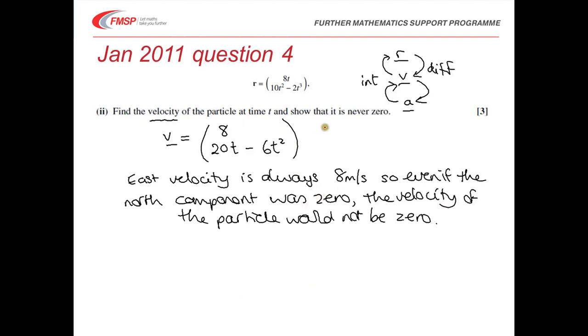Moving on to part 2, you get a method mark for doing some differentiation, and you get an accuracy mark for the correct answer. It must be given as a vector. And then you get an explanation mark for explaining that there's always this 8 meters per second velocity in the east direction.